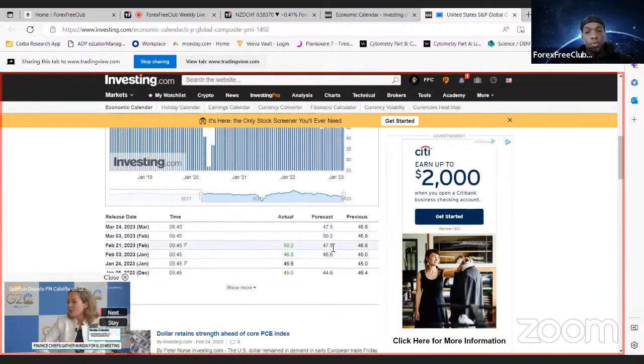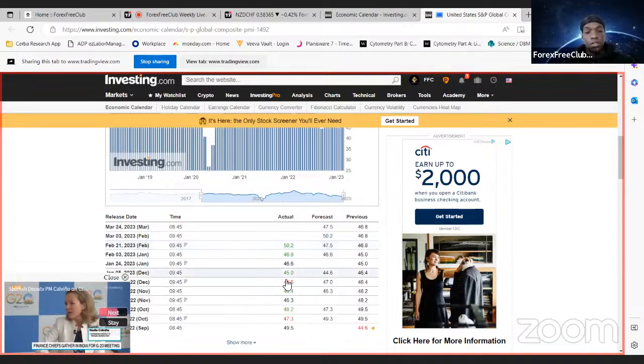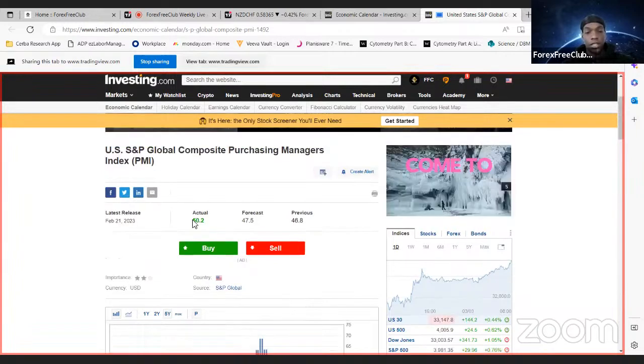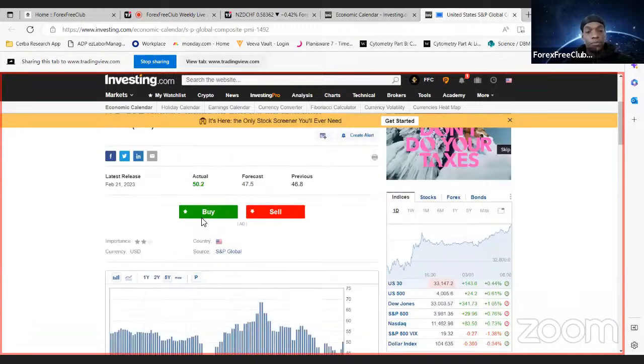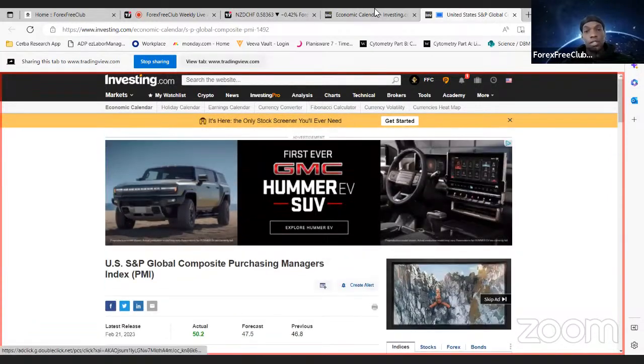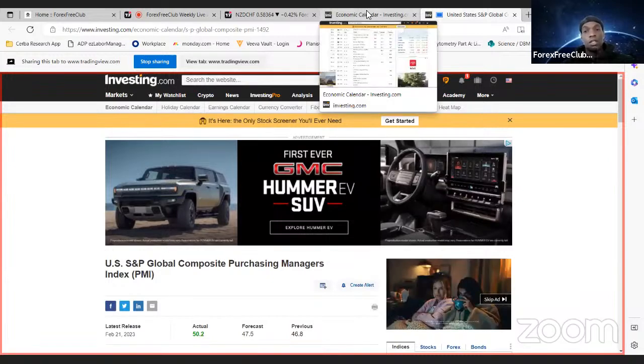Forecast was 47.5, actual was 50.2. So we did go up. Not sure exactly what that means. Okay, so it says right here, 50.2, forecast 47.5. So yeah, we'll eventually learn what some of these things mean. For now, I'm still pretty new to the fundamental side of things, so bear with me.